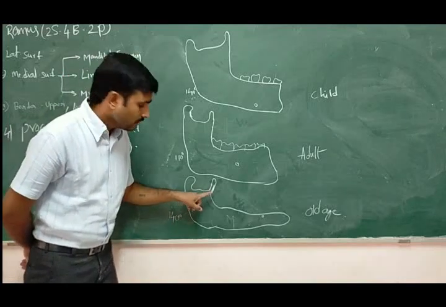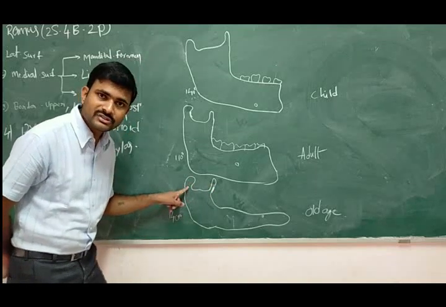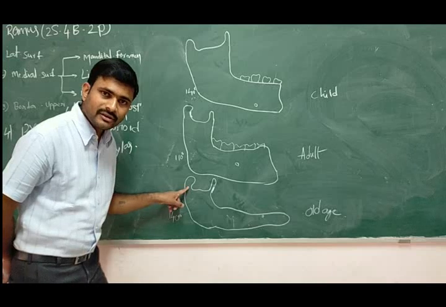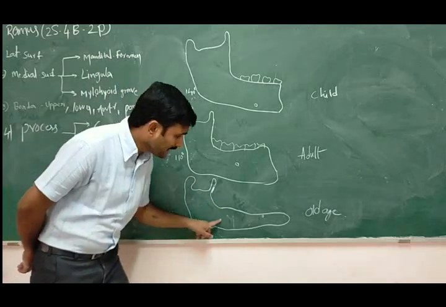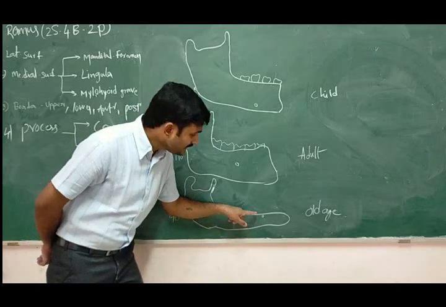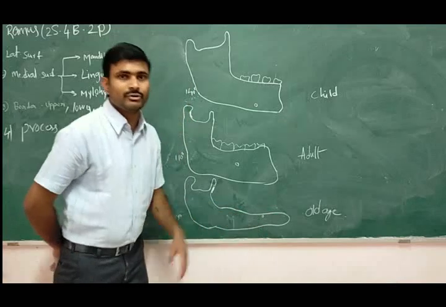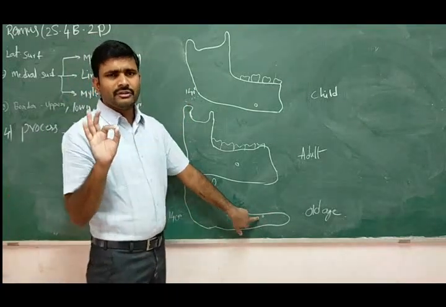And the coronary process is higher than the condylar process. Clear? But the mandibular foramen, mandibular canal, and the mental foramen are near the upper border. You can see this is the very identifying feature.